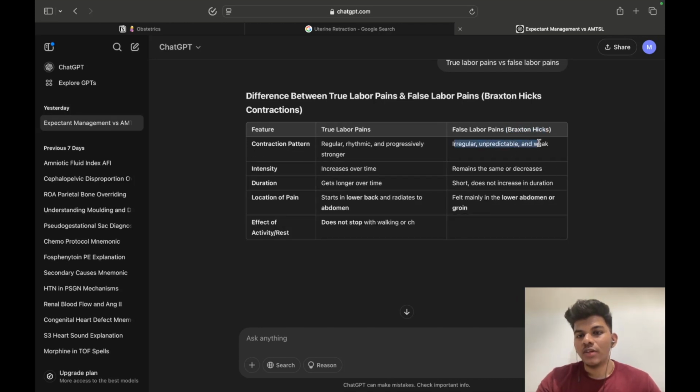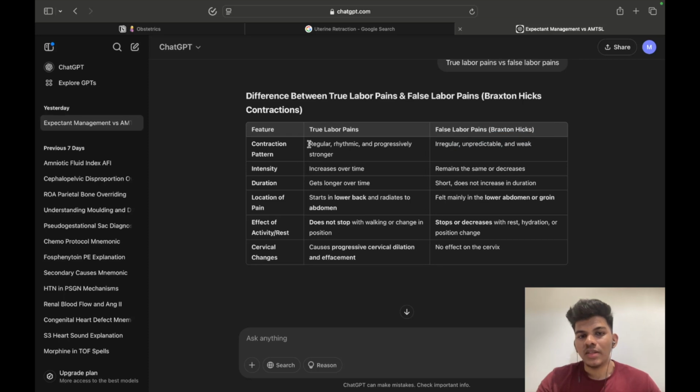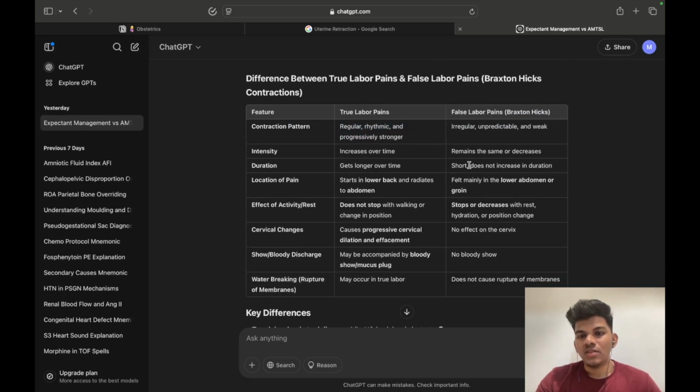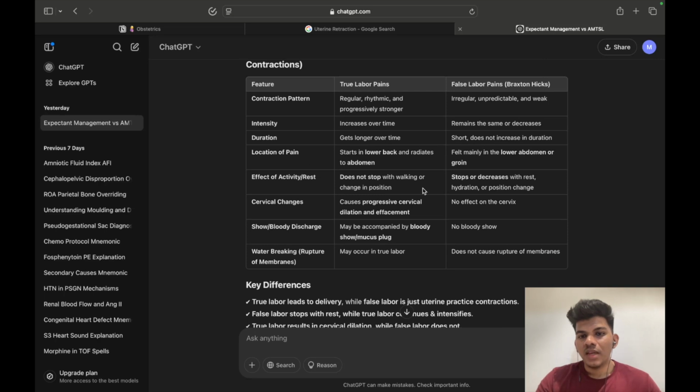These are irregular, unpredictable and weak, whereas in true labor they are regular, rhythmic and progressively stronger, and they increase over time. False pains remain stable or decrease. Their duration is short and does not increase, and they are felt mainly in the lower abdomen, whereas in true labor the pain is in the lower back and radiates to the abdomen. True labor pain doesn't stop with anything, while false labor pain stops with certain kinds of intervention by the mother.